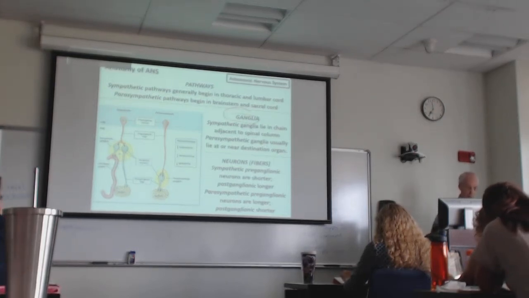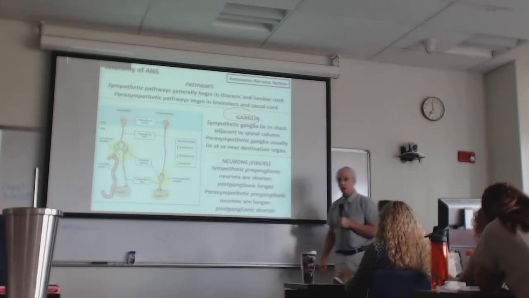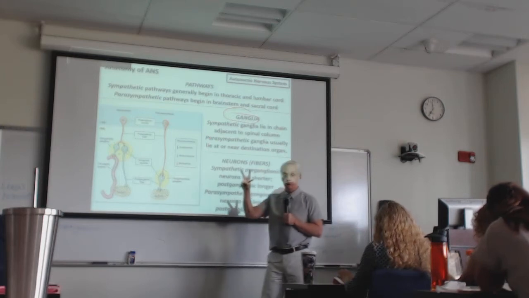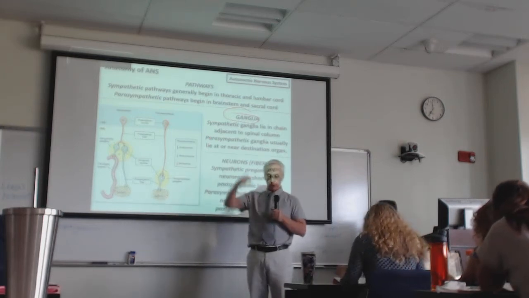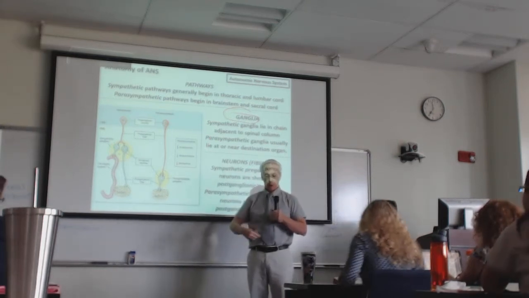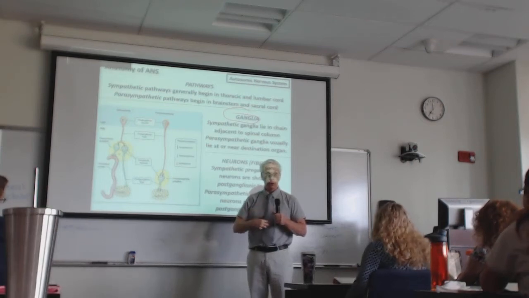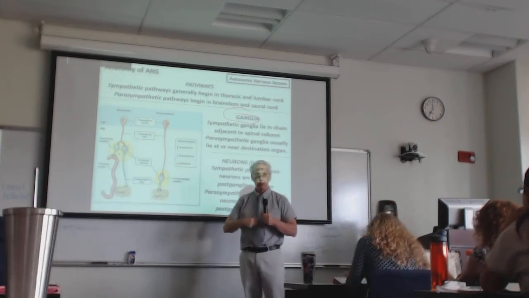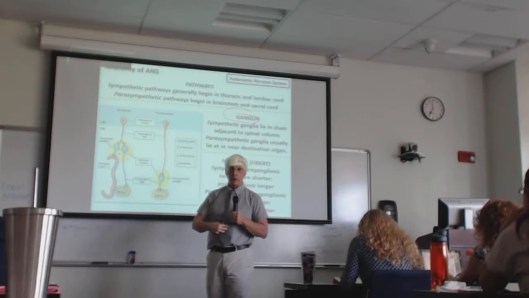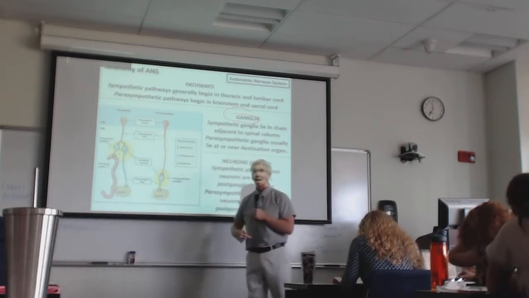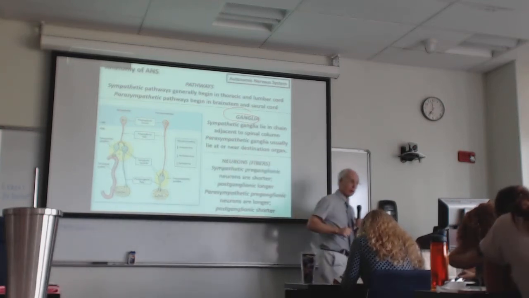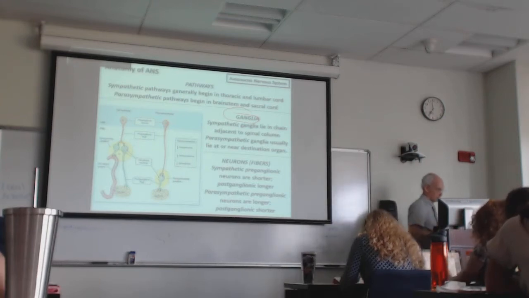Regarding the ganglia, sympathetic ganglia are generally present in two locations. The sympathetic chain or along the aorta. All right, we talked about paravertebral and prevertebral. Those are the two primary locations for the sympathetic ganglia.